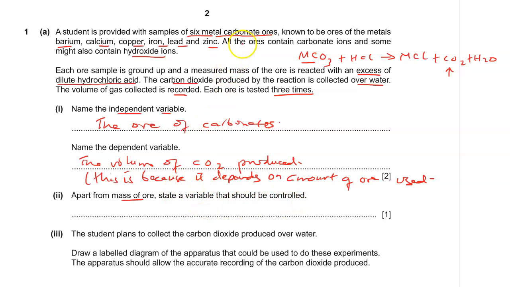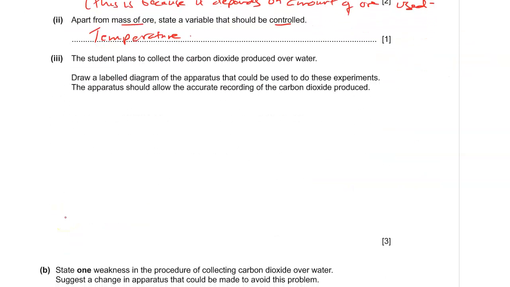We know carbonates, when they are heated, decompose. Metal carbonates decompose to give an oxide and carbon dioxide. So you need to control temperature. Temperature should be controlled. The student plans to collect carbon dioxide produced over water.